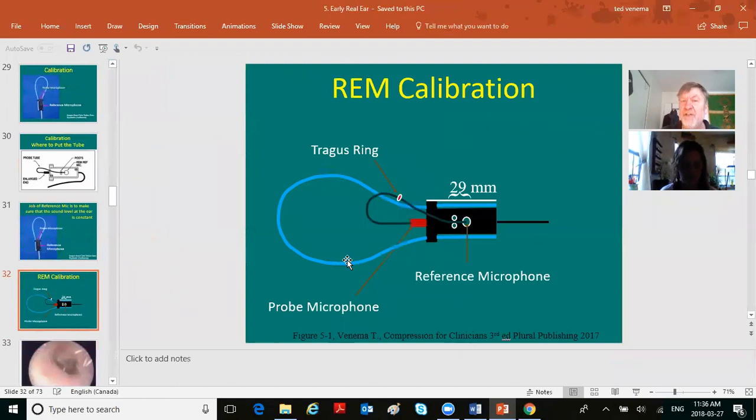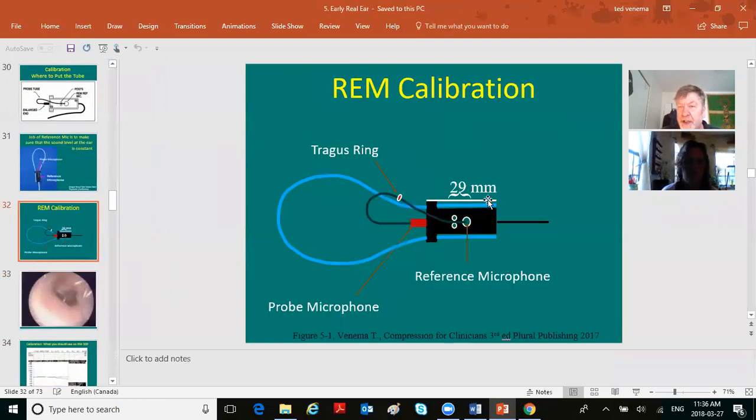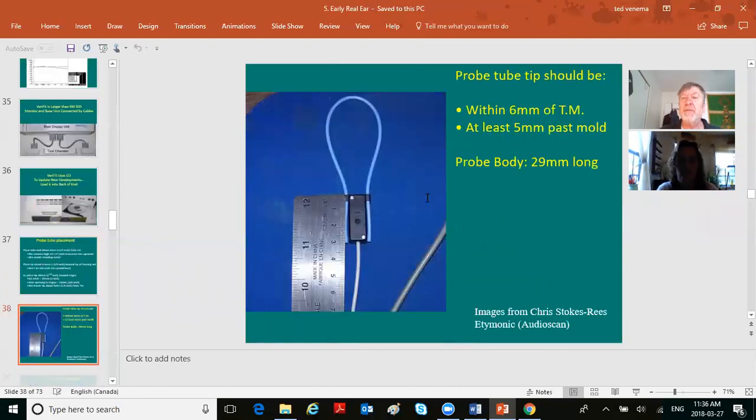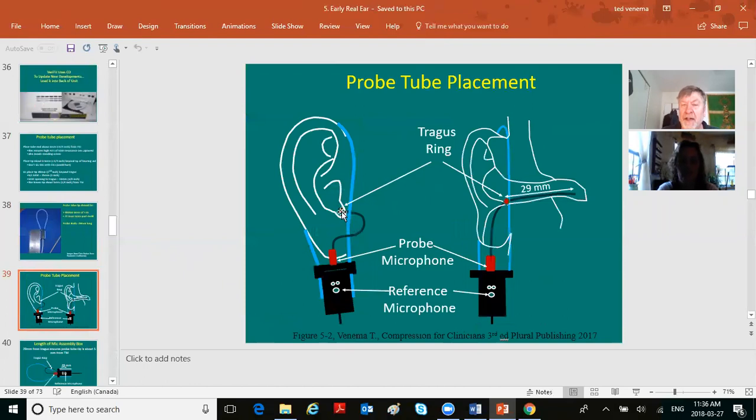And the idea of that, okay, here you can see it here, 29. So if you laid the tube so the end was here, and you'd put this ring right there, that would ensure that if you placed the tube in the person's ear, and you had the ring sitting right at the tragus, the length of the tube would be right, because from the tragus to very close to the eardrum is about 29 or 30 millimeters.